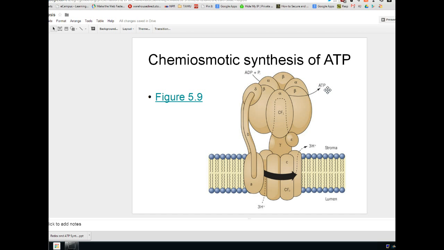So we have actually worked out how many protons are needed to cause this machine to move and to produce ATP. So the chloroplast and the mitochondria have the same ATPase. They're slightly different molecularly, but they do the same thing. Okay?